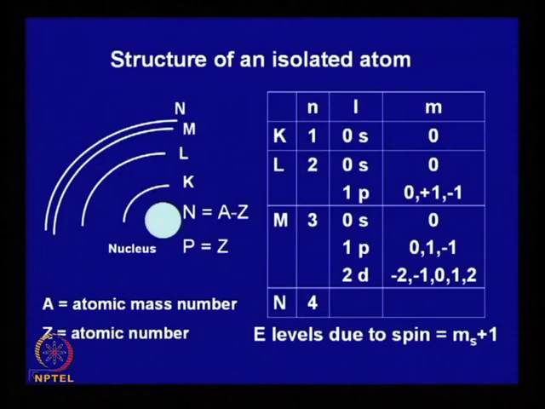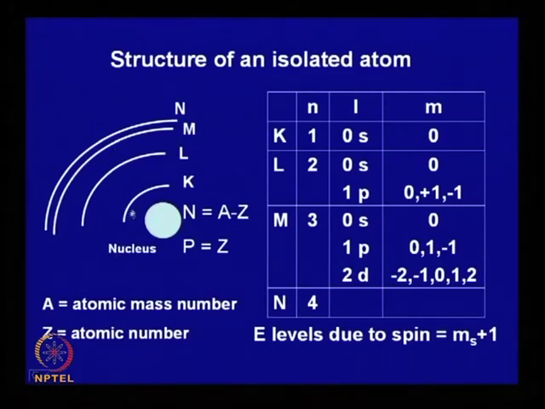The proton is positively charged and the number of protons is equal to the atomic number Z. A is the atomic mass number, and A minus Z is the number of neutrons. So, this is the nucleus where you have the entire mass, and then electrons keep moving in different orbits.